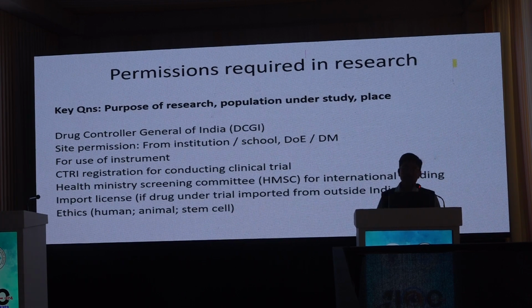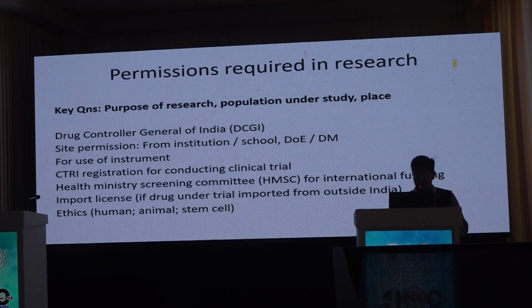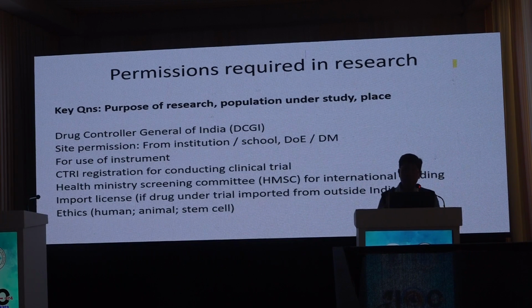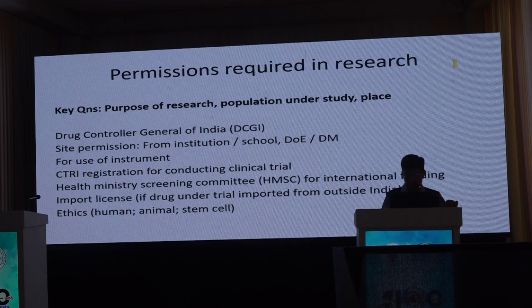Of course, if you have a drug trial or a device that is going to be imported from abroad, you may require an import license or a trade license, after which you will only be allowed to bring it from the customs. And of course, the ethics committee, as Vanathy mentioned, is probably the single most important one, whether you're doing research in humans, animals, or stem cells. So these are the gross permissions that are required.